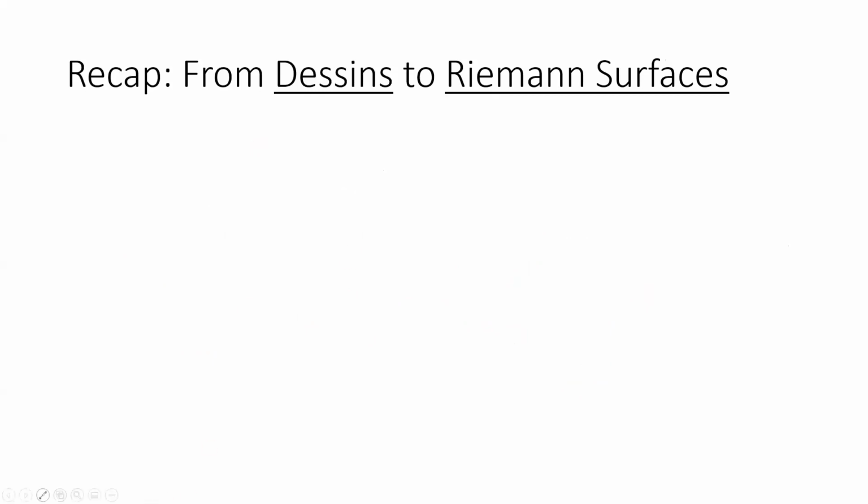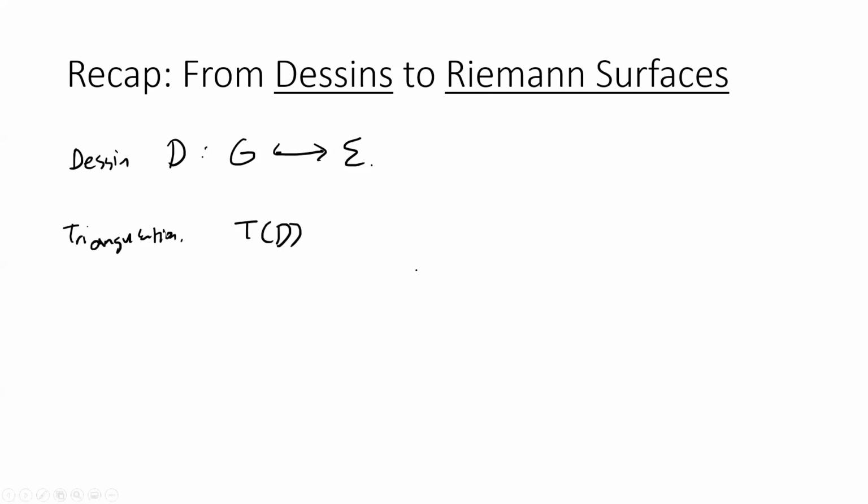And to recap, what did we do? We started with a dessin, which is an embedding of a bipartite graph into a surface. And then from that, we got a triangulation of my surface.